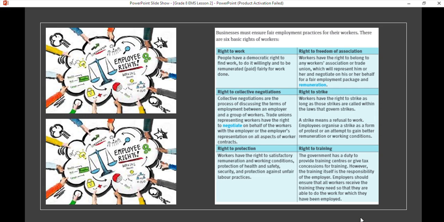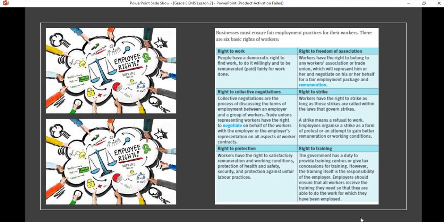So workers have 6 basic rights. The right to work. Okay, that's the democratic right to work, and the worker needs to do it willingly and be paid for it fairly. So you can't work and then not receive just remuneration. What I'm also saying is if you work as a dishwasher, you can't expect the salary of the business owner.